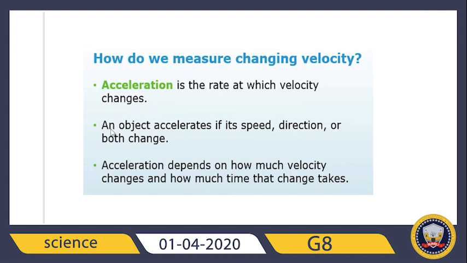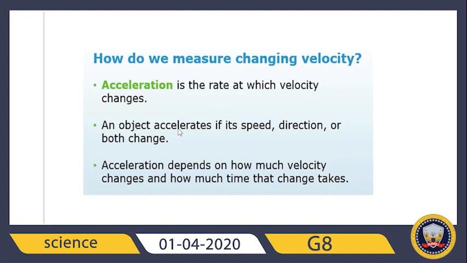So guys, when does an object accelerate? An object accelerates if its speed, direction, or both speed and direction change. So if any object changes speed, like it slows down or speeds up, then we say that this object is accelerating.